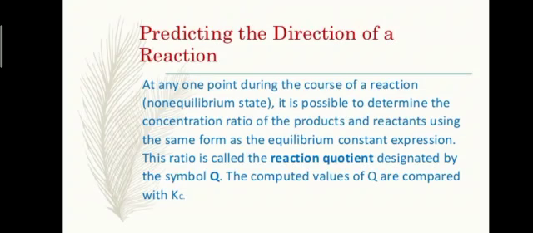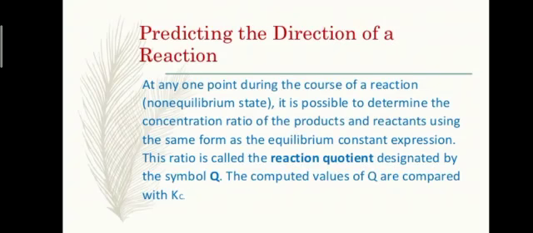Therefore, the reaction will move in the forward direction until equilibrium is reached. When Kc is greater, the product reactant ratio is less, so there is more requirement for the formation of the product. The complete product is not formed, so for its completion the reaction will proceed in the forward direction.